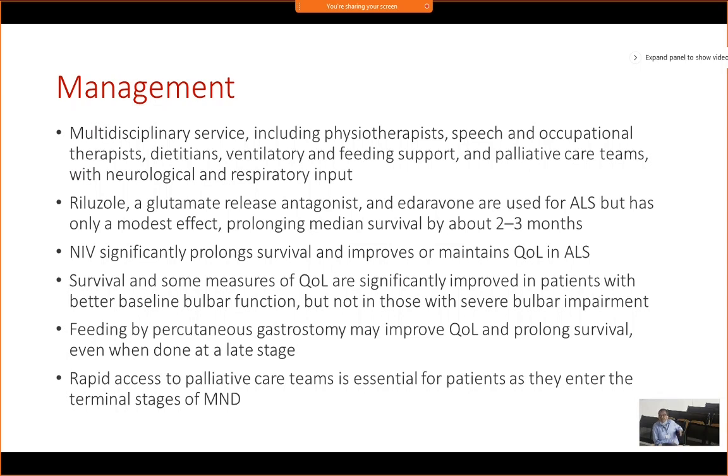That means if you find a person with much limb involvement and less bulbar function, these people would fare better in the long term than those coming with bulbar muscle involvement in the beginning. Feeding can be done by percutaneous gastrostomy, which will also increase the quality of life. And rapid access to palliative care teams is essential for patients as they enter the terminal stages of the disease.